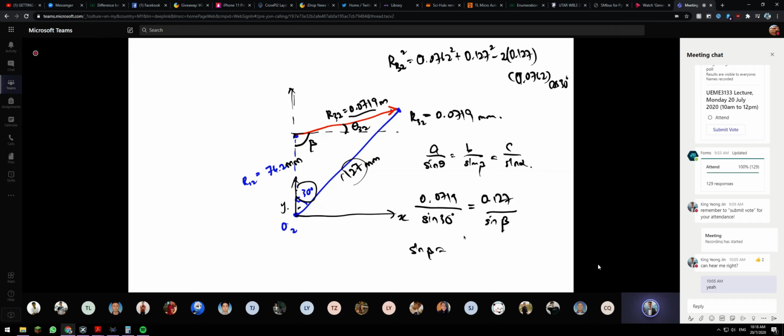So from here I can find my sine beta. So it is 0.127, 0.0719 times that. So we get 0.8832. So then I can find my beta.